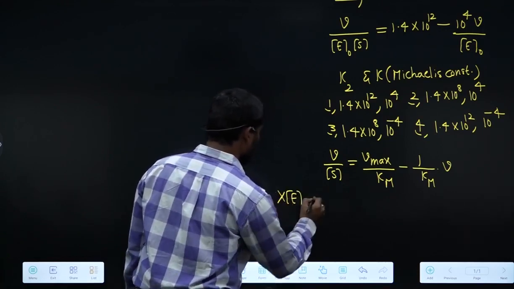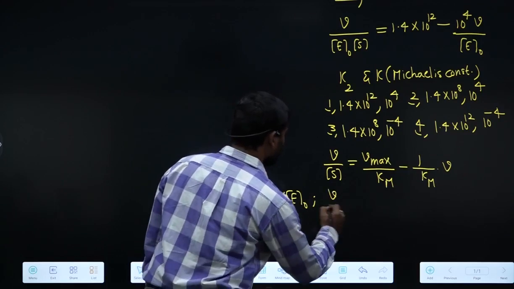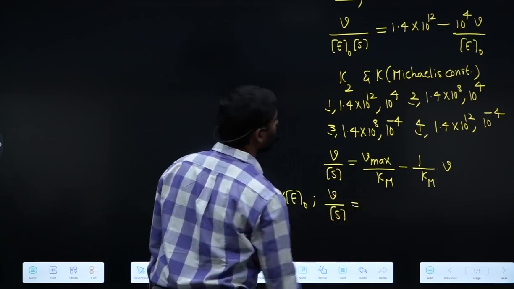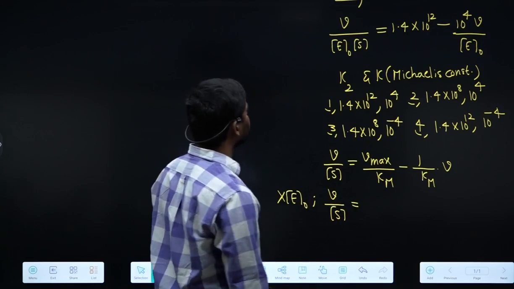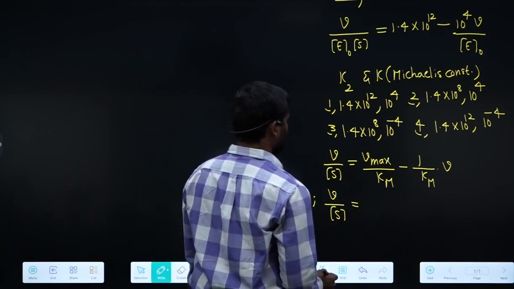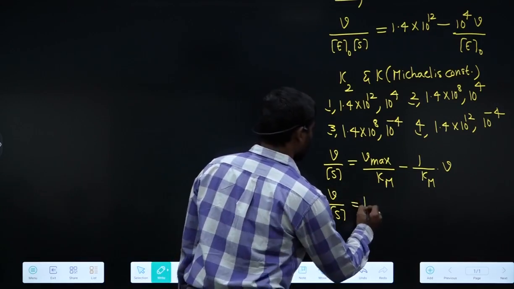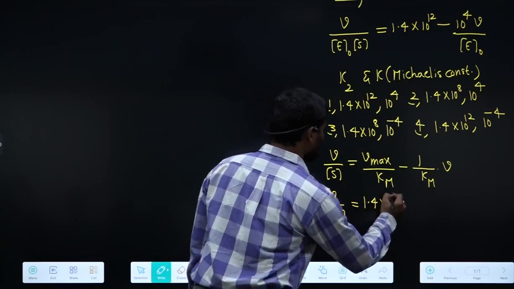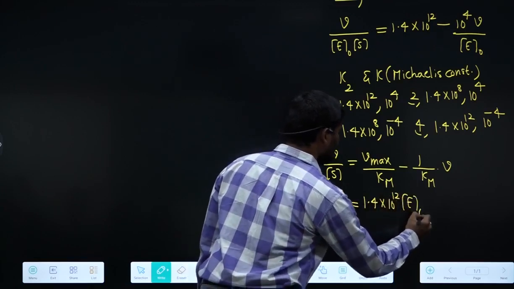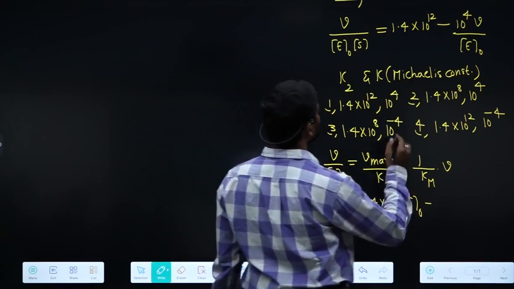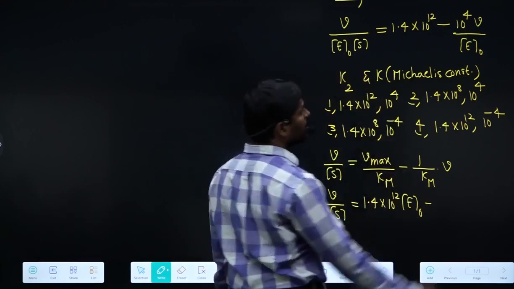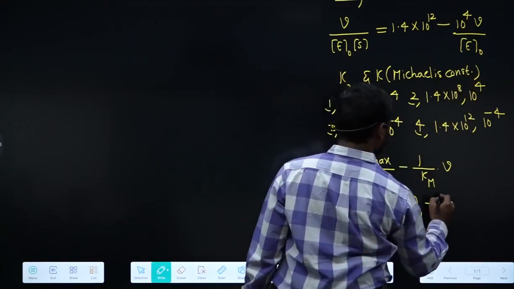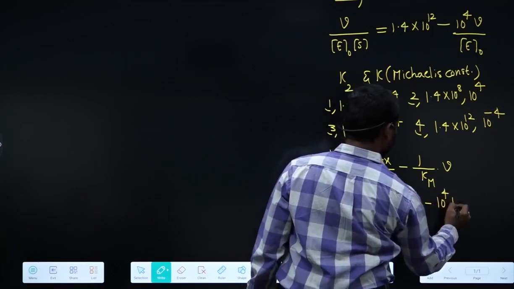we'll get V by concentration of S is equal to 1.4 into 10 power 12 E naught minus 10 power 4 into V. Here E naught gets cancelled.